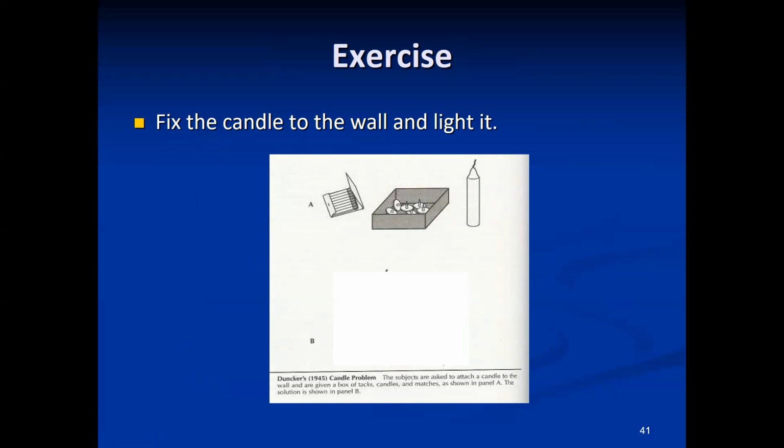This problem is impossible to solve unless you can think of an alternative use for one of the objects. You must be able to see that the box could be used as a tray.